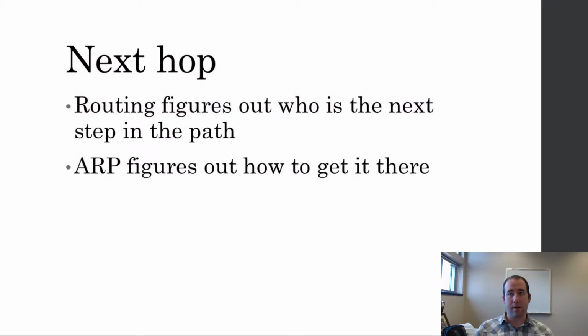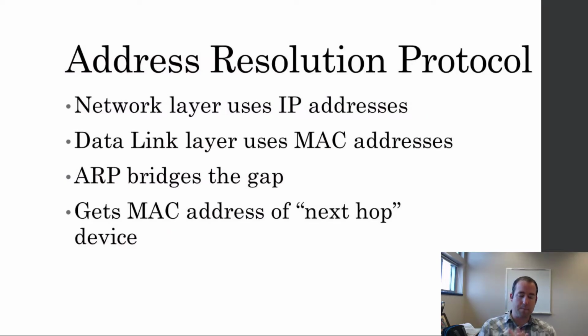What's the next router or device I have to go through to get ultimately to my final destination in a while. And ARP figures out how to do that. So routing handles figuring out the IP address of the next device. ARP figures out how to get it there at the data link layer, which is the next layer down, and is how we handle that direct device-to-device communication.